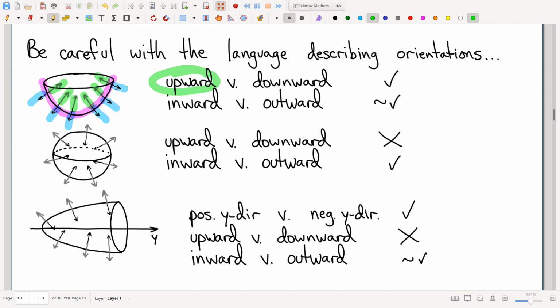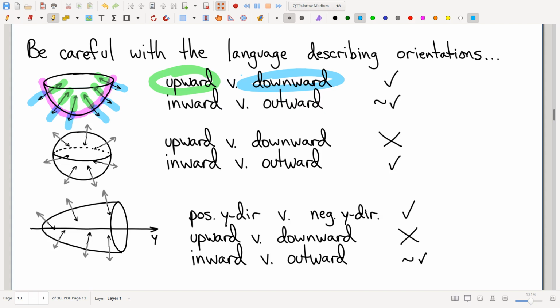The blue one is never anywhere, even slightly, in any sense, upward. If I say upward, no one should be confused as to which orientation we're talking about, right? We're clearly talking about the green one, not the blue one. And likewise, downward. If I say downward, no confusion. The blue orientation is always at least a little bit downward. The green orientation is never, in any sense, downward. Unambiguous.